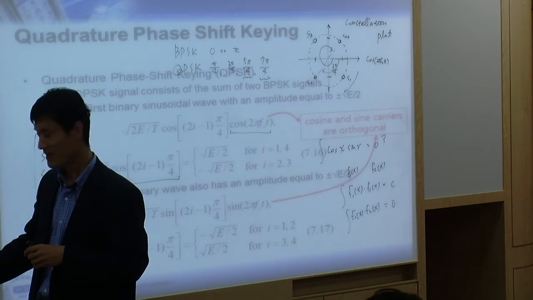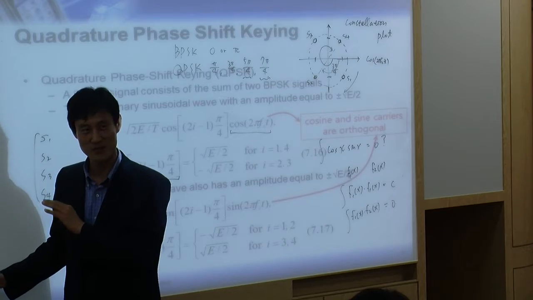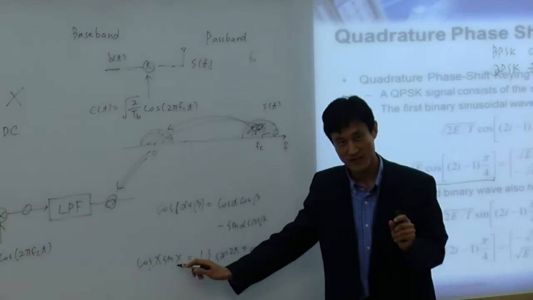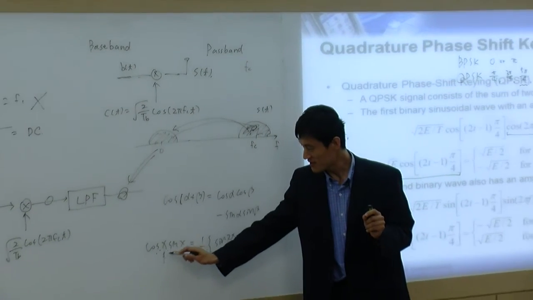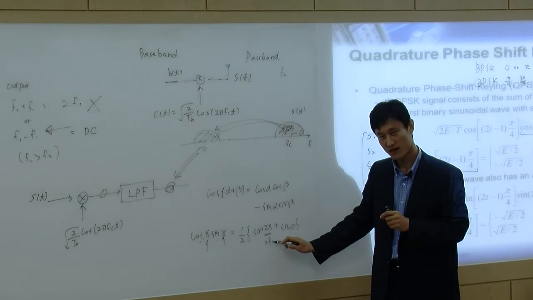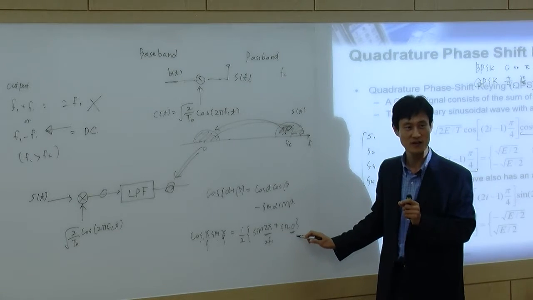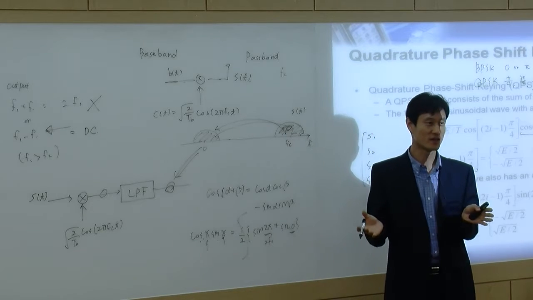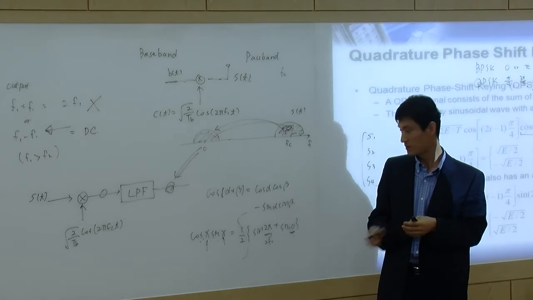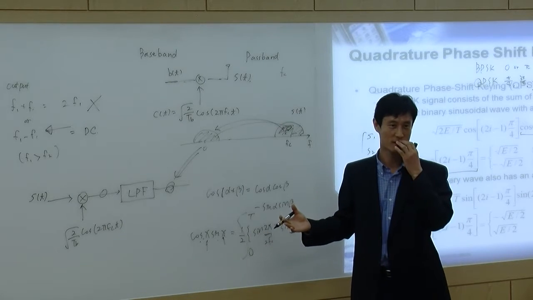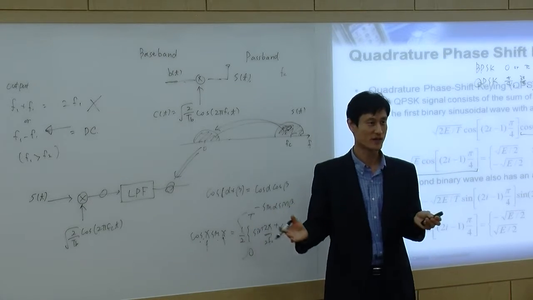Actually it doesn't matter, because what is important is that when you multiply cosine and sine, you have an fc here. Eventually you're going to get 2fc somewhere, and you're going to get 0 somewhere. And when you integrate, the 2fc term is gone anyway, because you are integrating over a period. So you're going to get 0 anyway.